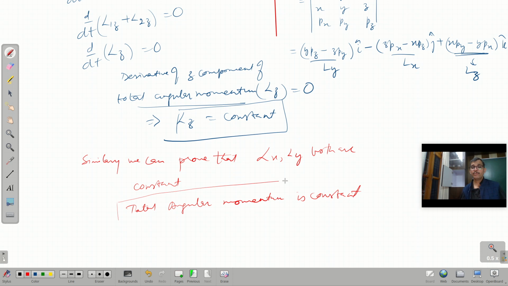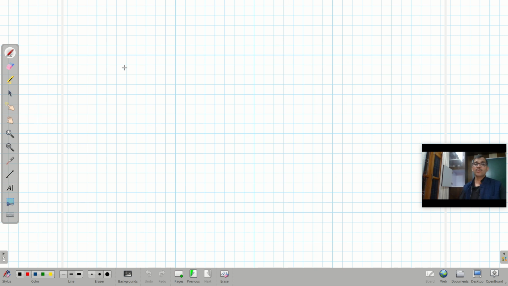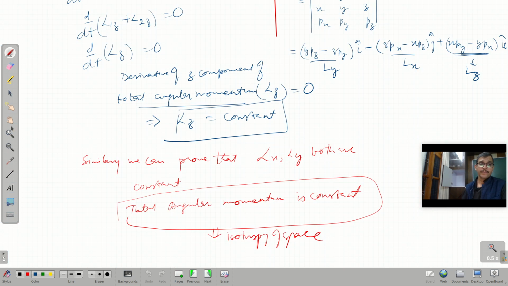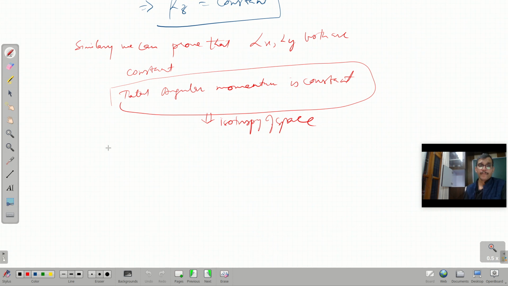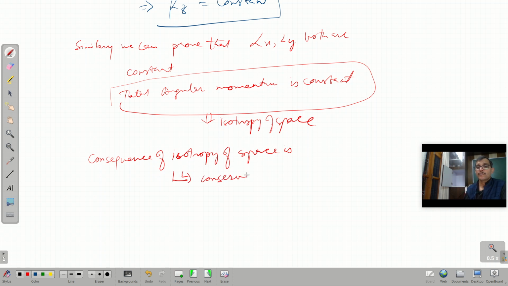And this we have obtained by considering isotropy of space. Thus the consequence of isotropy of space is conservation of total angular momentum.